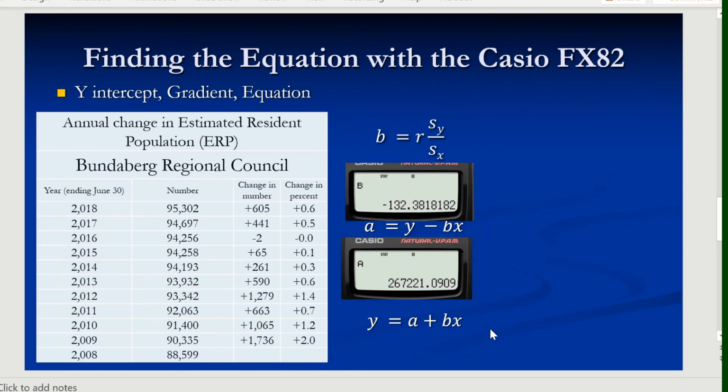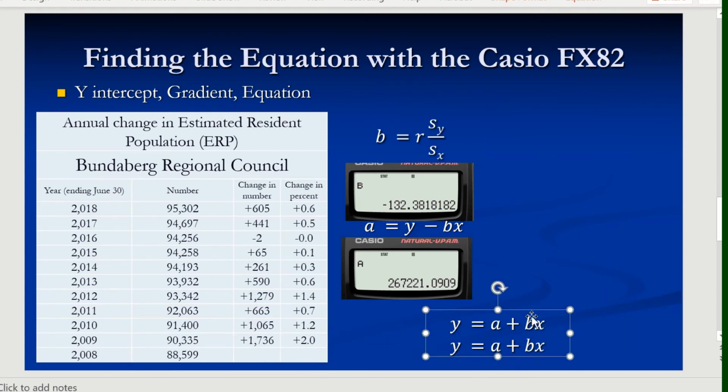And then we can state our equation. We're just going to say y equals, what was our A value? Oh, that's a bit annoying as well. I'm not having a win today.